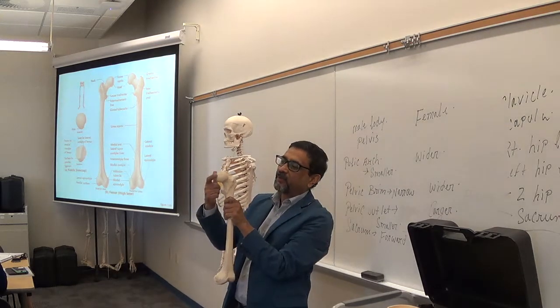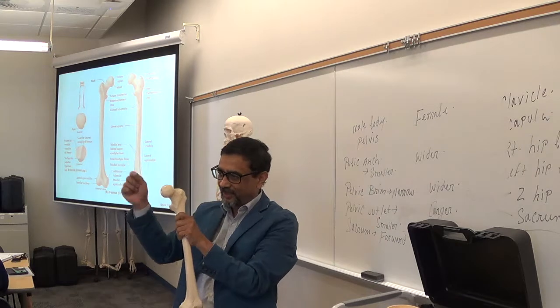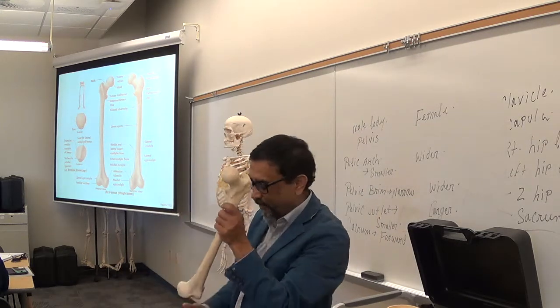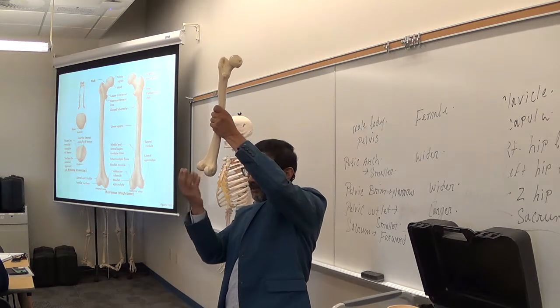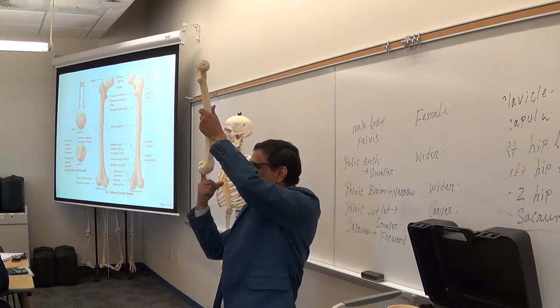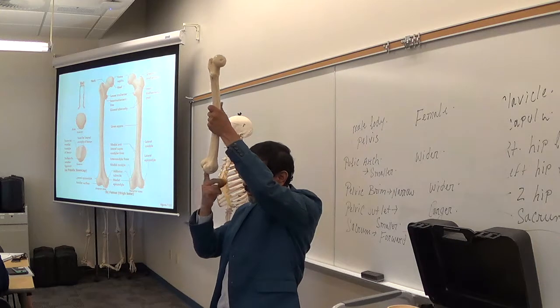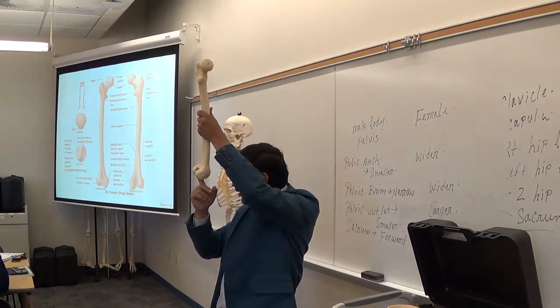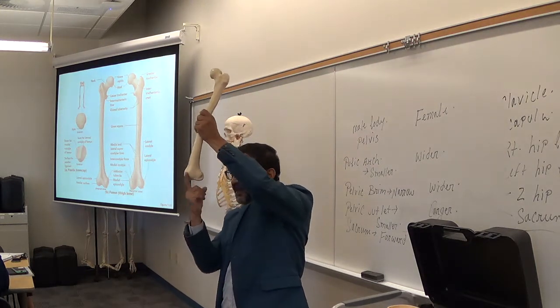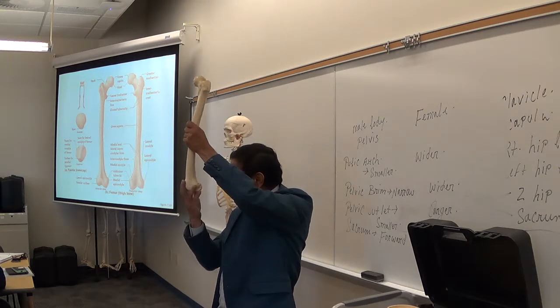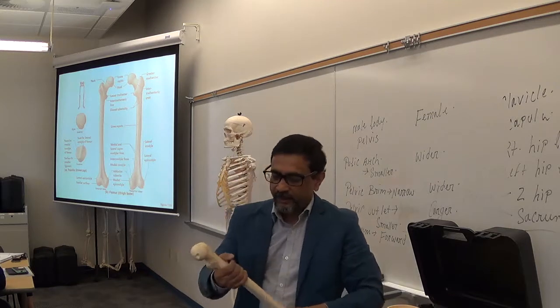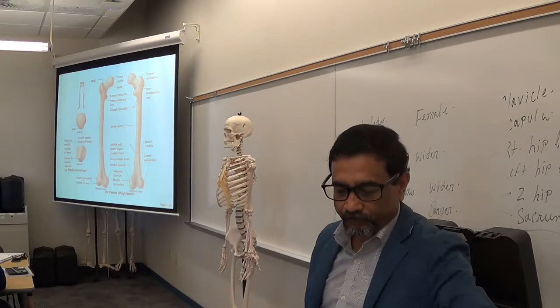That is called fovea capitis. You'll see it in the lab manual, fovea capitis. Okay. Now lower end, right? How many condyles? 2. And in between condyles, you have a fossa, intercondylar fossa. Make sense? And in the front, you have a surface, the patellar surface. Okay? Now, that's the femur.